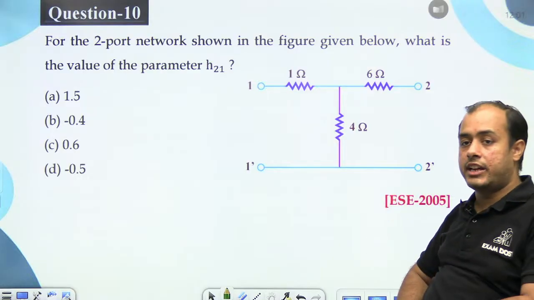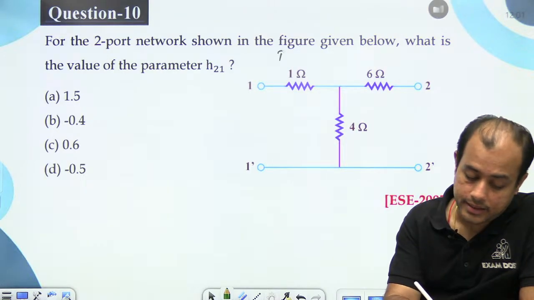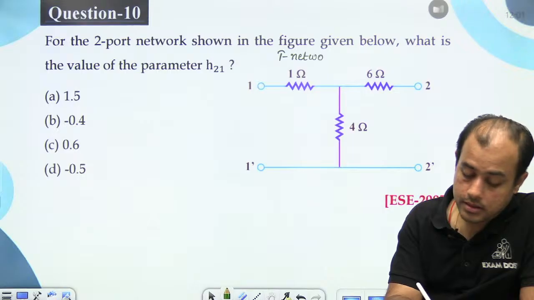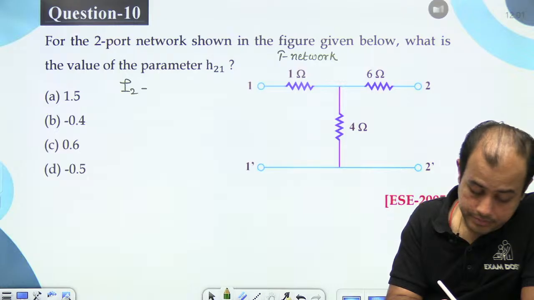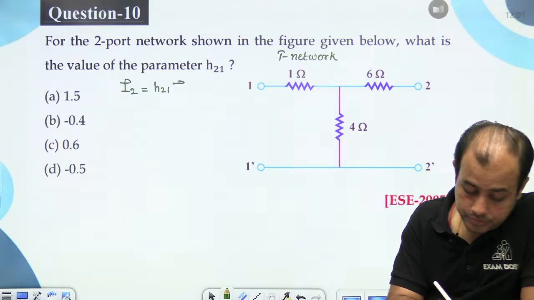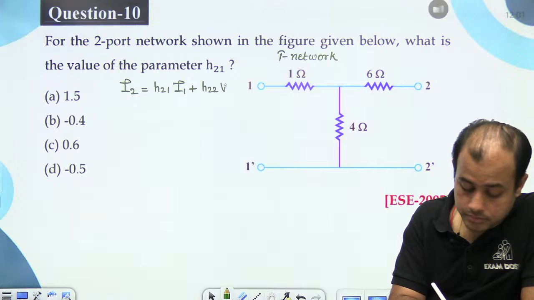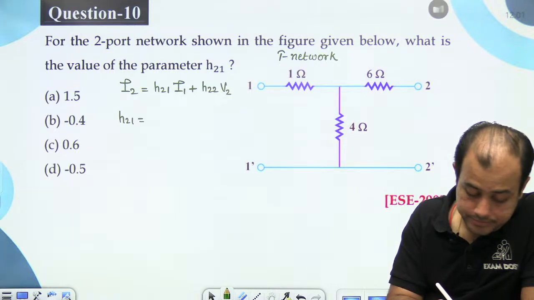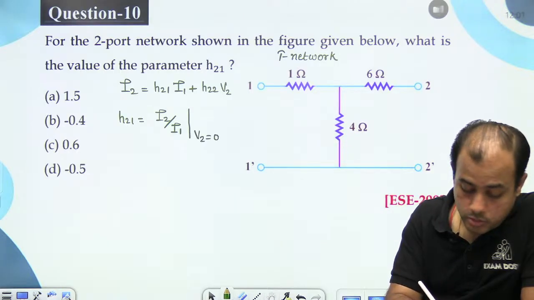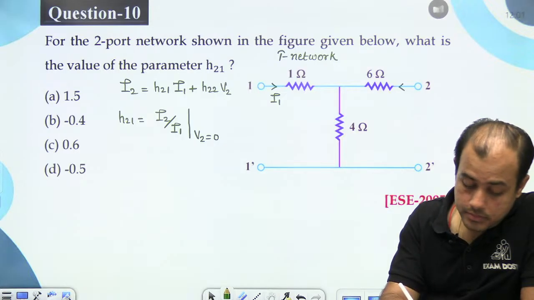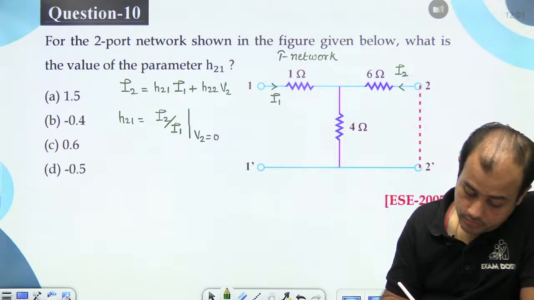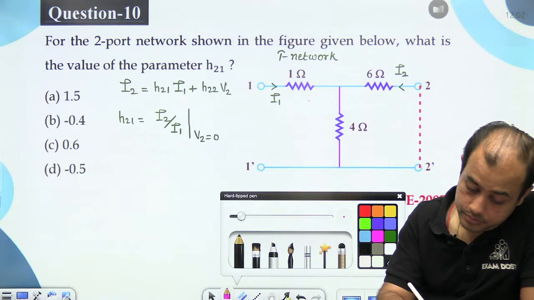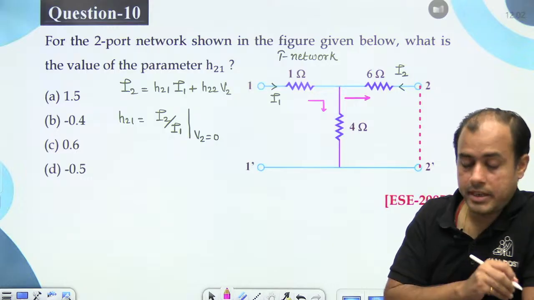Two-port network, what is the parameter H21? ESE 2005. Again beta, it is a T network, but look, it is not asking for the complete matrix. So what is H21? I2 by I1 when V2 is 0. So look, this current will be divided into two parts.